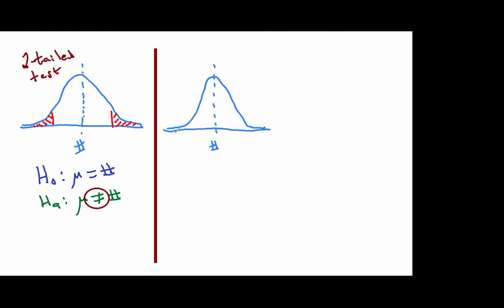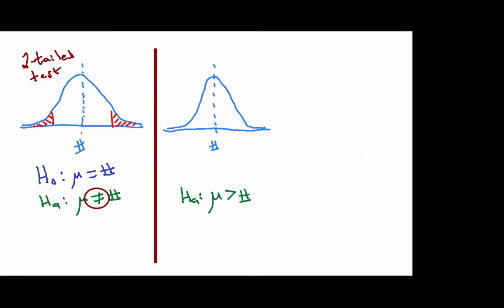Okay. Now for a right-tailed test, the alternative hypothesis is that the mean, or our sample statistic, our population proportion, our population parameter, which in this case as a stand-in we'll use the mean, is greater than that number that we're focusing on.